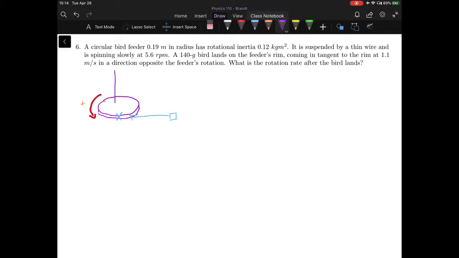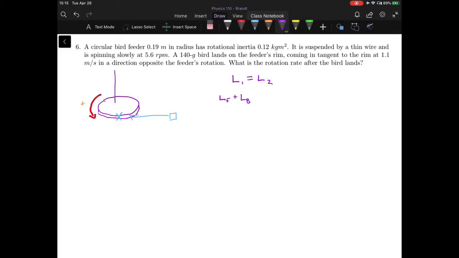So this is a momentum type of problem. Anytime you see that pattern, we know that it's going to be a momentum problem. We have angular momentum in this case because things are spinning. So we have the angular momentum before, and the angular momentum afterwards. What types of things have momentum beforehand? Well, we have the angular momentum of the feeder that's spinning, plus the bird that's going to carry some angular momentum in.